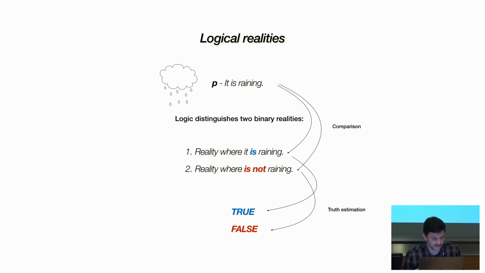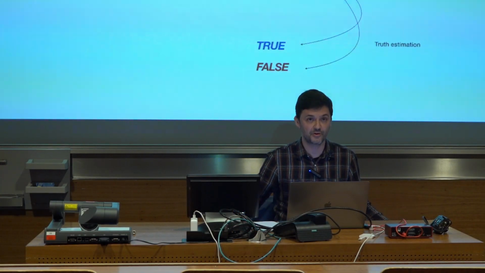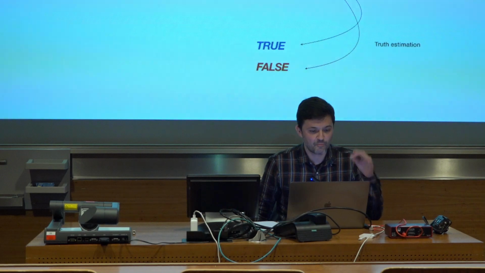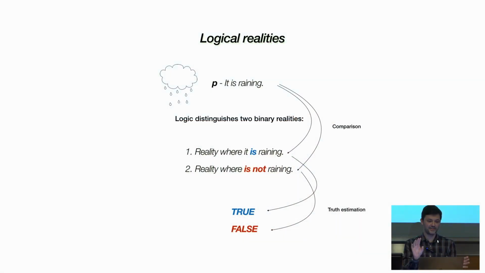Okay, now I will go to an example. We have the statement, it is raining. This statement does not have any truth to it yet. It is just a statement. You need to compare it to something to know if it's true or not. What does logic do? Logic takes this statement and creates two realities. I will call them two logical realities.